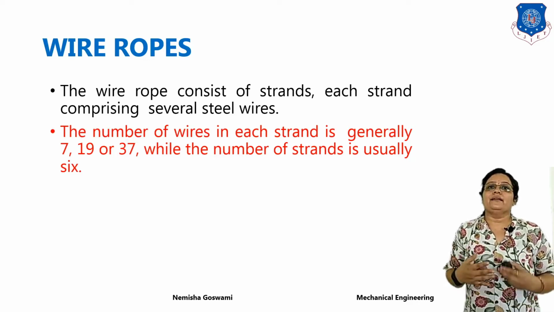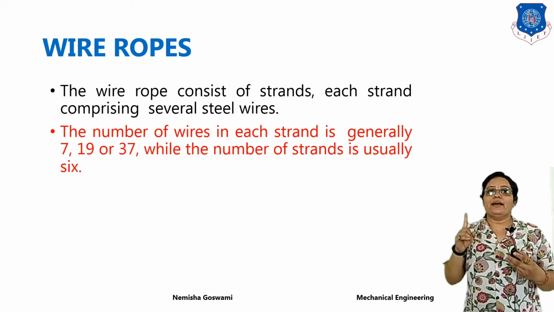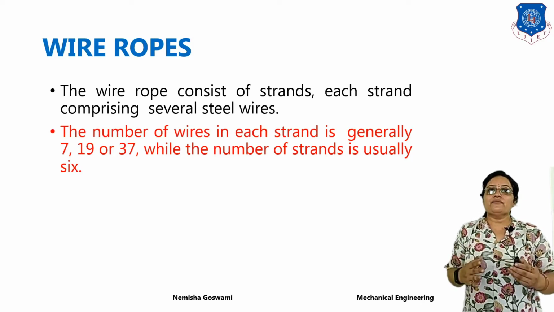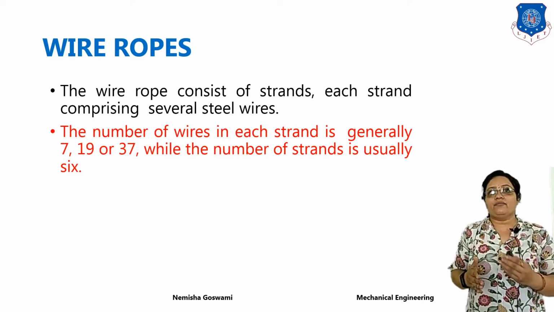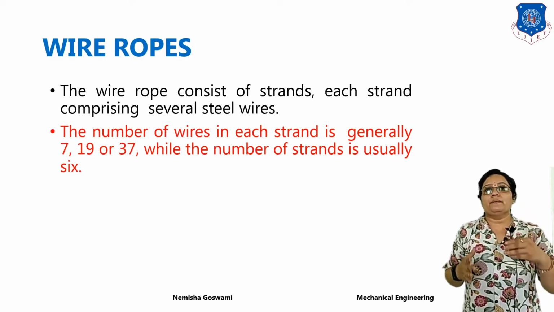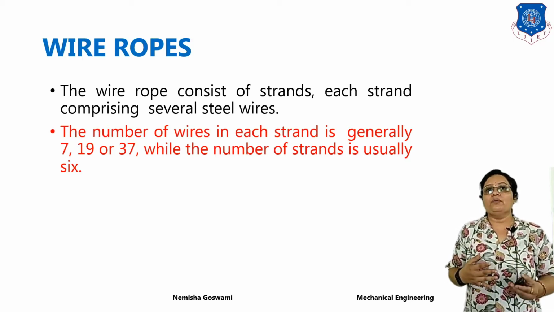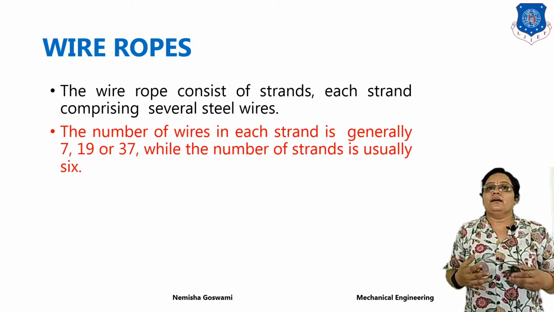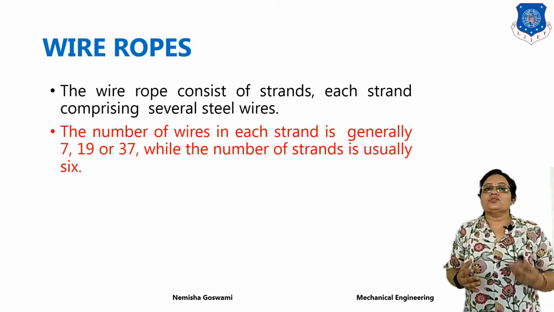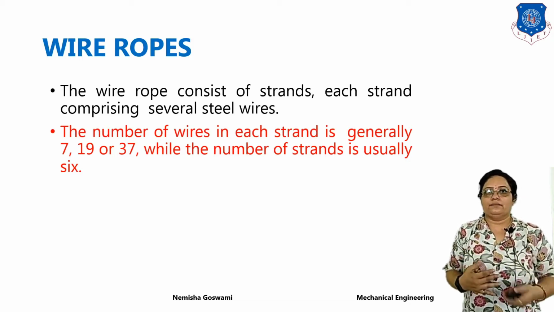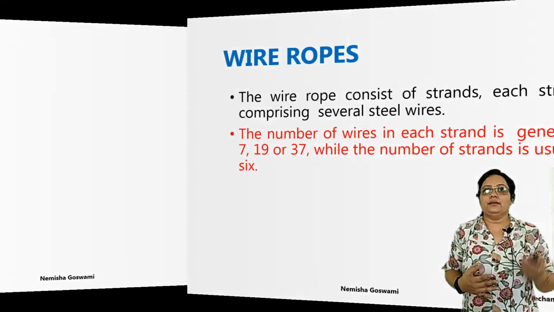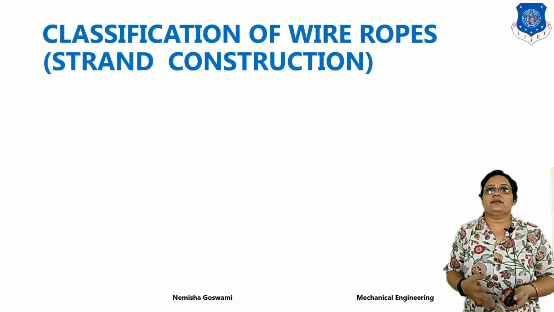These wires are again classified into different types: how many wires will be in the outer layer, how many in the inner layer, and how many in the middle layer. This we will discuss in the designation. This is just an example.